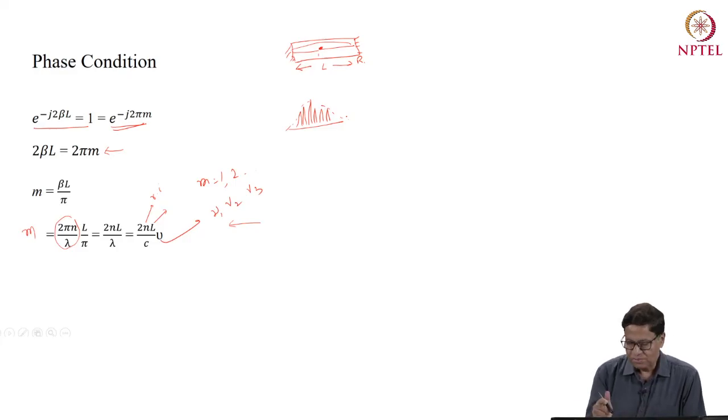This kind of laser, where many modes are excited because of the dimensions, is called an MLM laser, or multi-longitudinal mode laser.